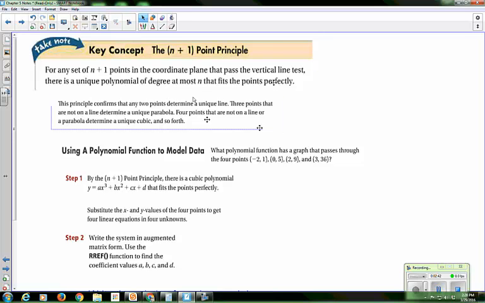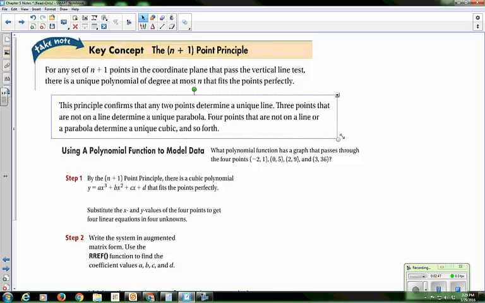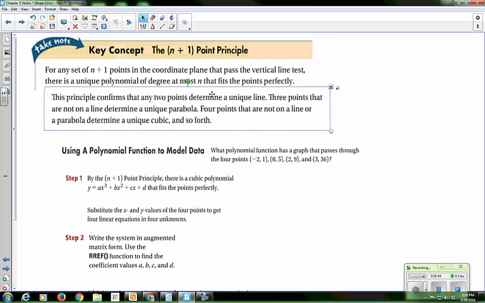So the principle confirms that any 2 points determine a unique line. 3 points that are not on a line determine a unique parabola. 4 points that are not on a line or parabola determine a unique cubic, and so forth.